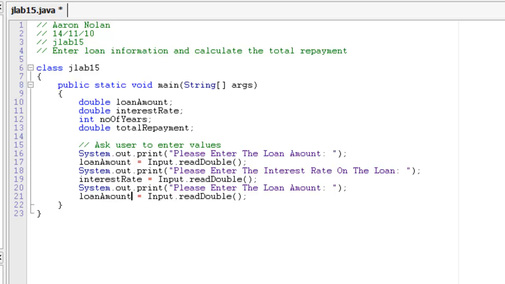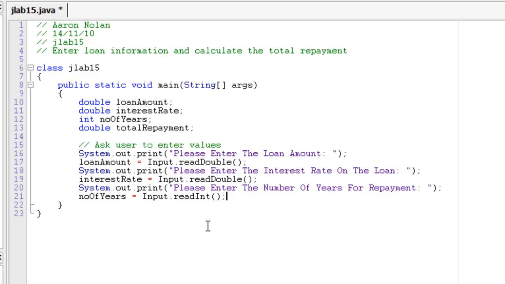Oh no, sorry, I'm not with it tonight. Please enter the number of years for repayment, and we call this numberOfYears. And don't forget to change readDouble to readInt. Okay, there we go. So we have the three variables now initialized, asking to enter the values.